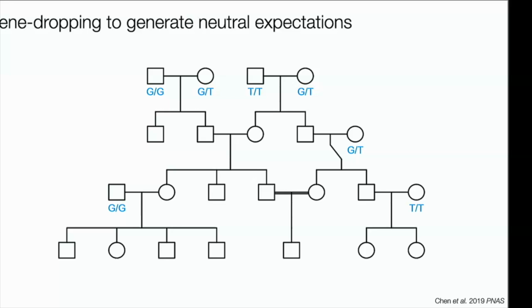We start with observed genotypes for all of our founders, so we started simulations in 1990. We also include genotypes from incoming immigrants, and this is how these simulations incorporate the effects of gene flow. We then simply simulate Mendelian transmission of these alleles down the pedigree a million times to obtain expected allele frequency distributions in our population from year to year.